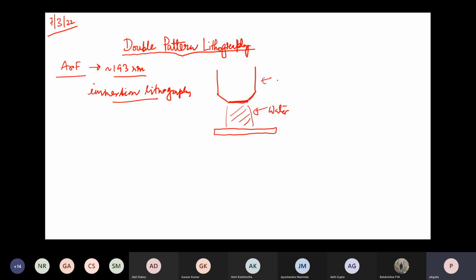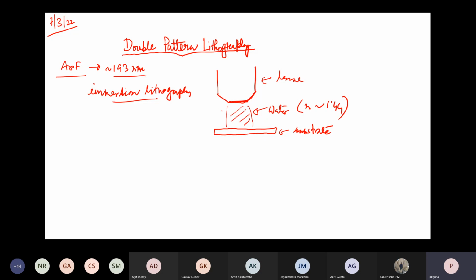So this is your lens, this is your substrate, and the column of water, whose refractive index, we know, is around 1.44. With this you manage to get much higher resolution than if it is air here. So this is immersion lithography.